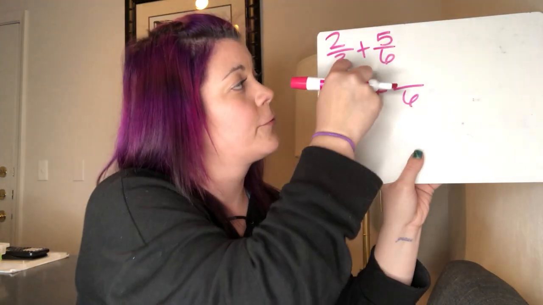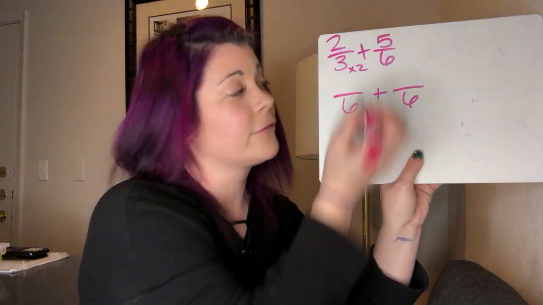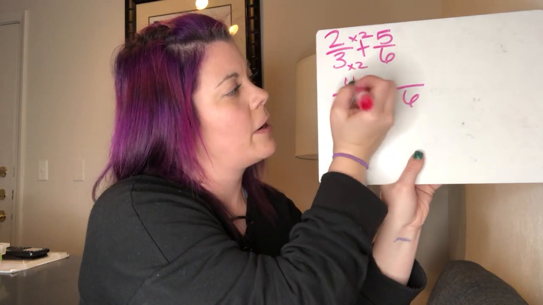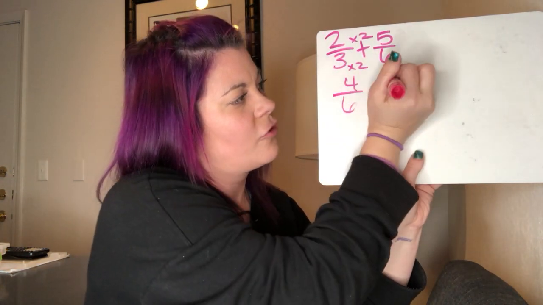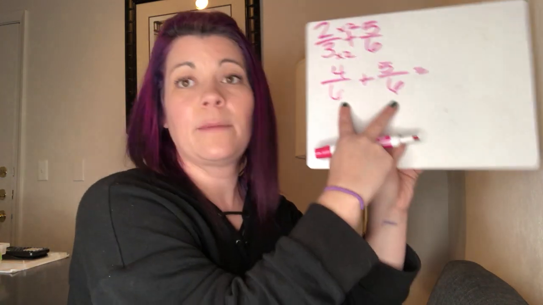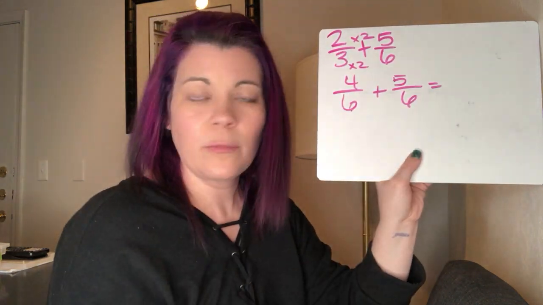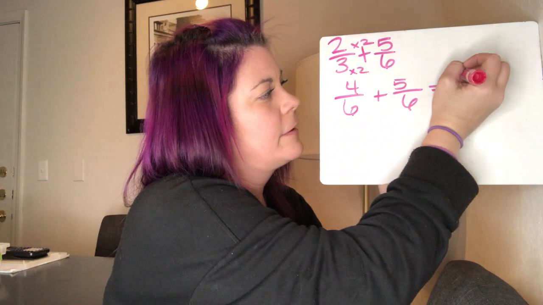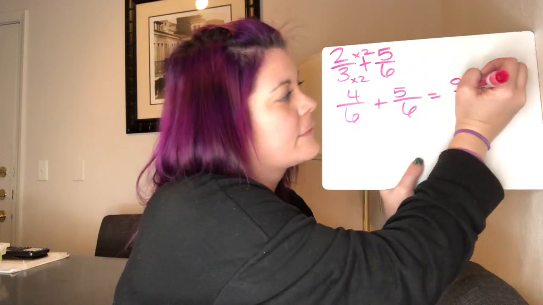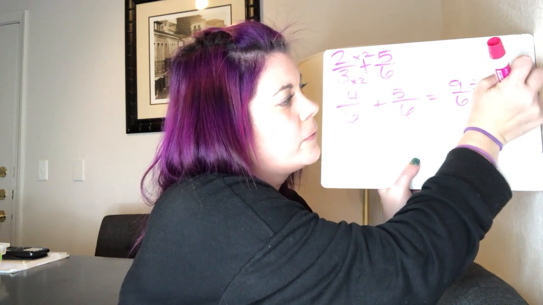Then I say, 3 times what gives me 6? 3 times 2 gave me 6, so I have to do the same thing to the numerator. So 2 times 2 is 4. The other fraction didn't change, so its numerator is not going to change. Now I have the same denominator, so I am going to just add the numerators. 4 plus 5 is 9 over 6. I can reduce that, divide them both by 3, and get 3 over 2.